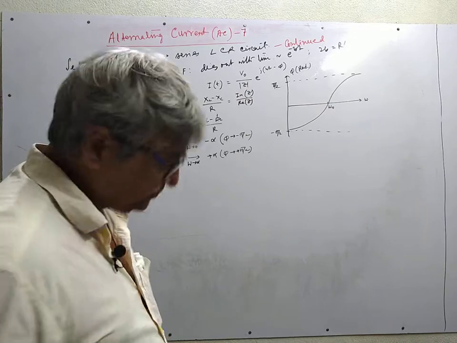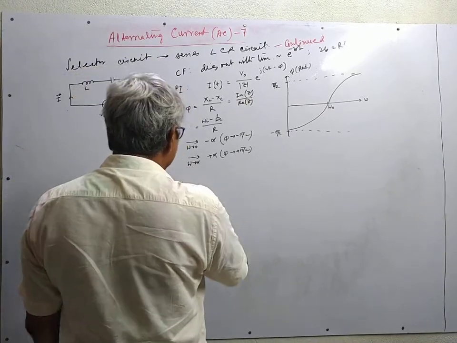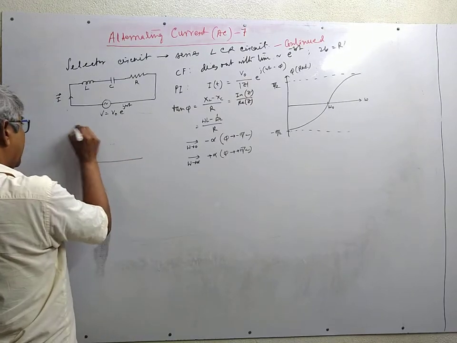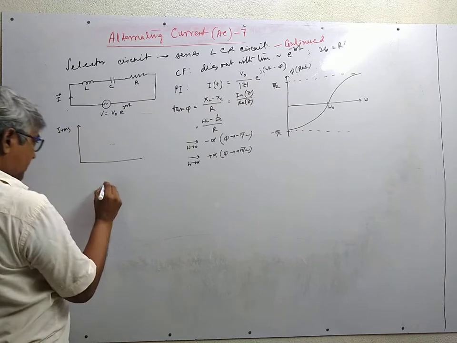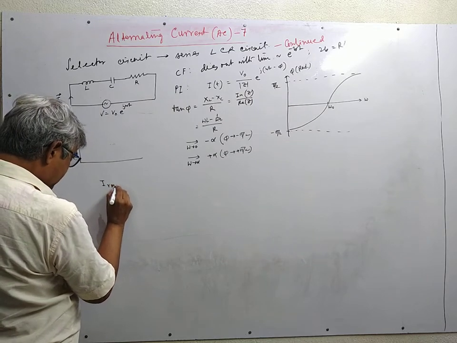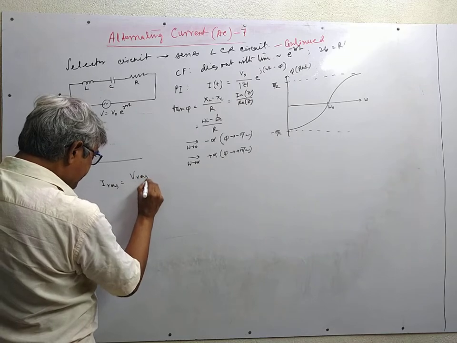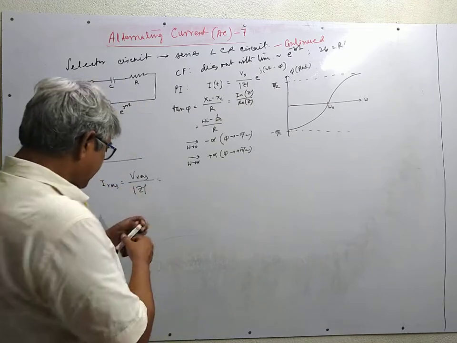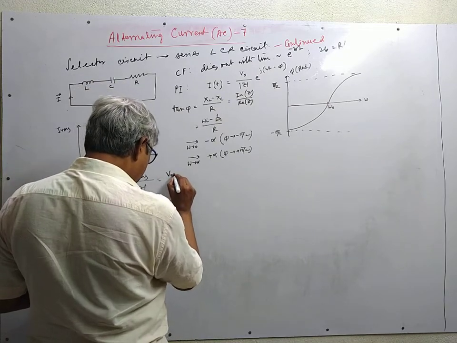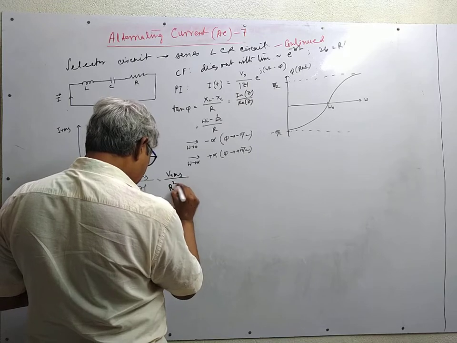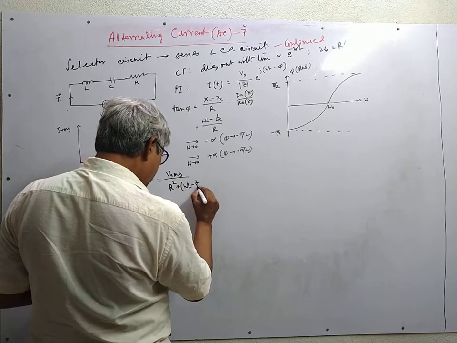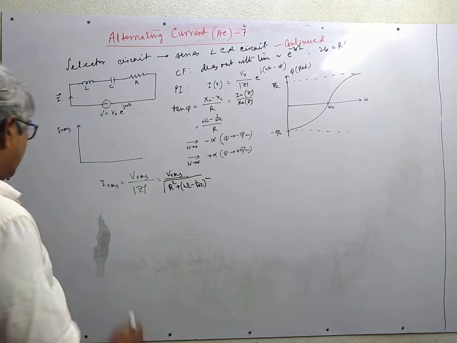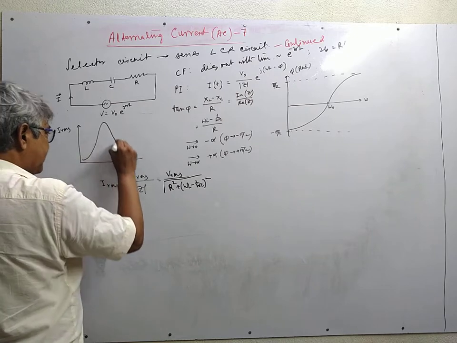Now we have further defined the Q factor. We defined the resonance or response curve, the IRMS. IRMS was defined as VRMS by mod Z, and the graph is the Lorentzian.